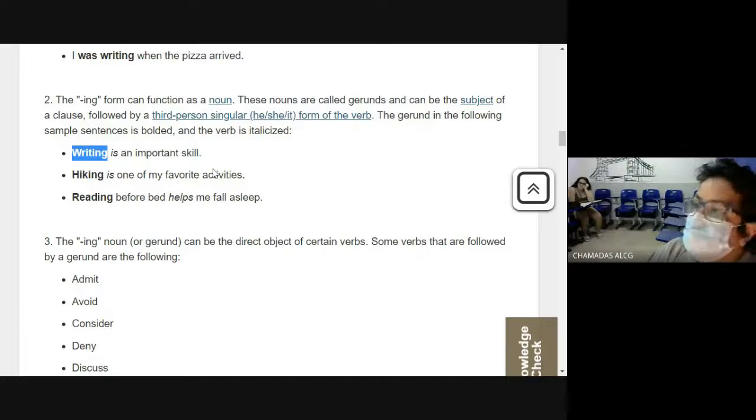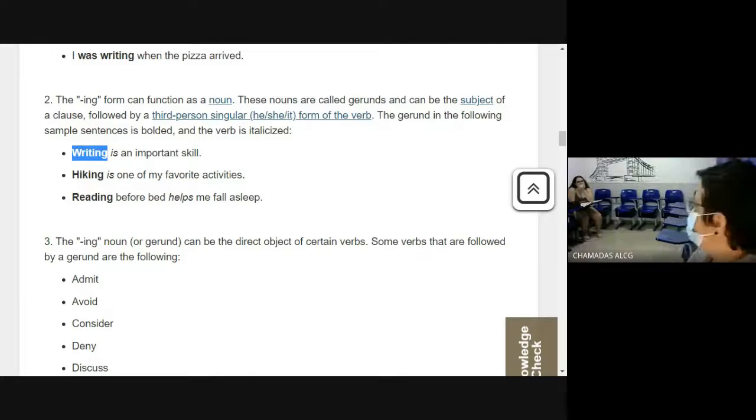Writing is an important skill, especially when I translate that sentence to Portuguese. I have to use the infinitive in the translation. So it makes sense, right? So hiking is one of my favorite activities. There you go. In Portuguese, I say the same sentence, but using the infinitive form.